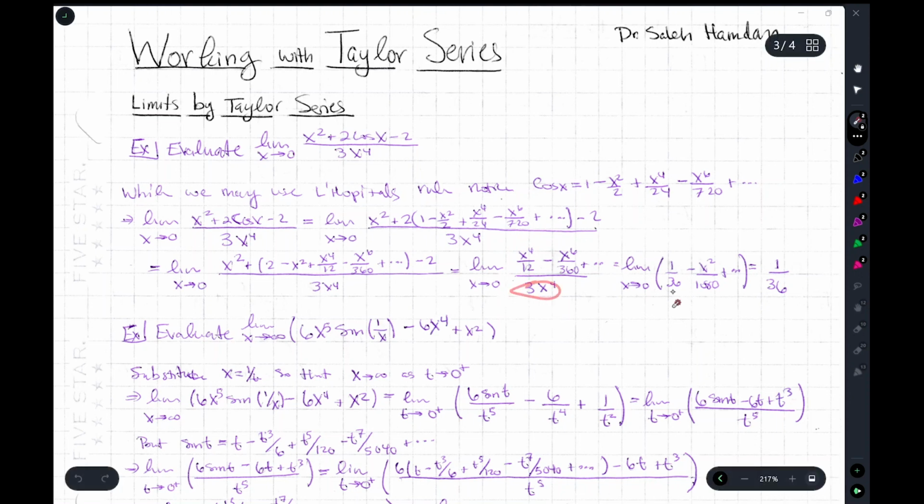And then we divide by x to the 4th, and we get this 1 over 36. We get minus x squared. And as we're taking x to 0, this is going to go to 0, and so we'll actually get 1 over 36. So that's a pretty clever way to compute limits, where we didn't need to use L'Hopital's rule.